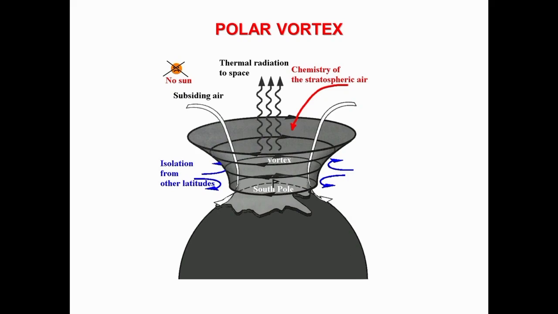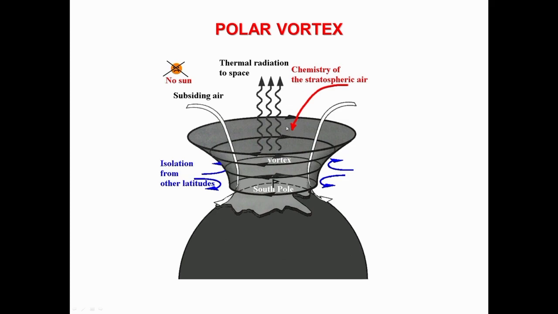So what do we understand about the polar vortex? Why does this happen around polar spring? We've got the locking up of the air in the polar vortex and isolation from the other latitudes. And it becomes very, very cold. So there's thermal radiation to space during polar winter.